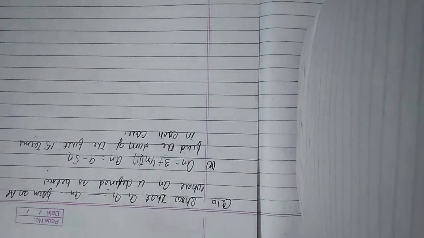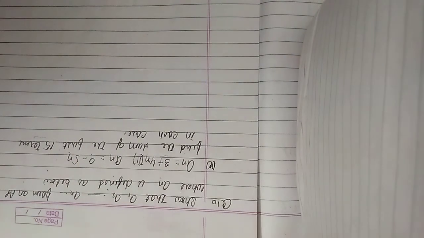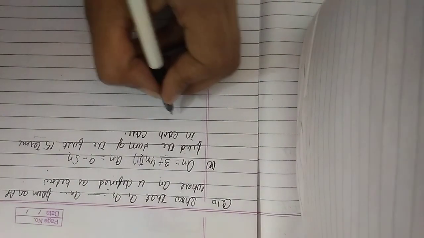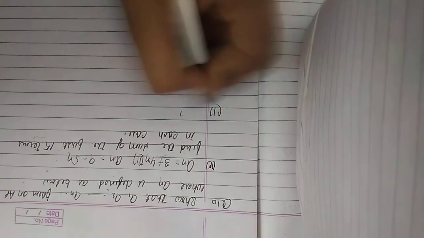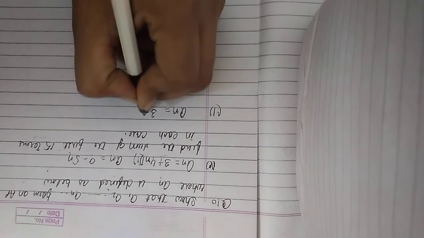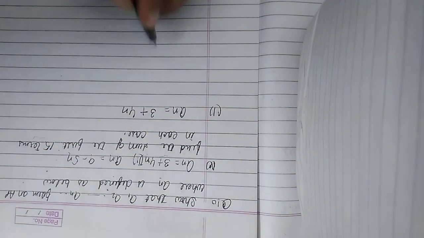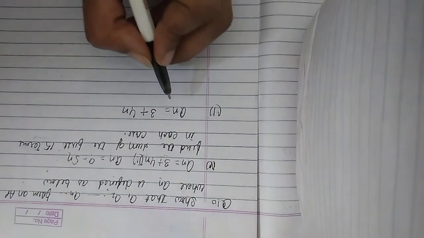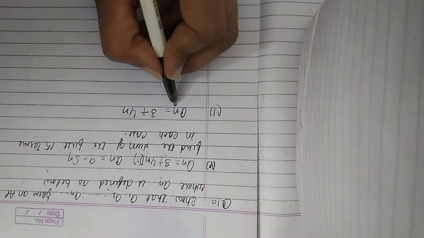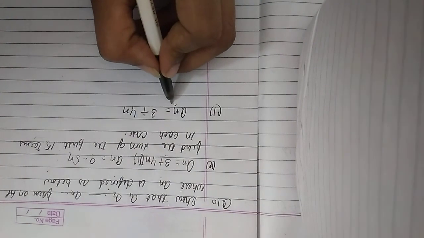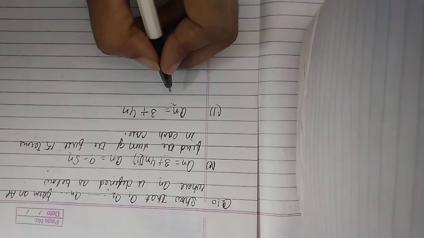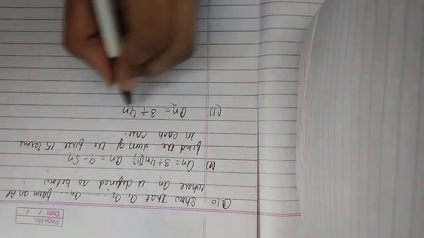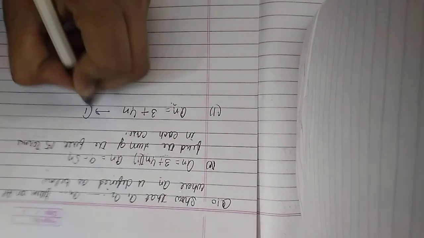Now firstly, we will check whether it forms an AP. In the first part, an is 3 plus 4n. For finding the first term, second term, we will substitute the values of n as 1, 2, 3.